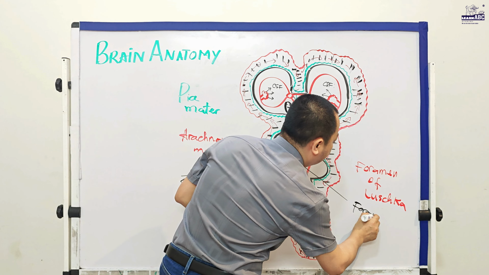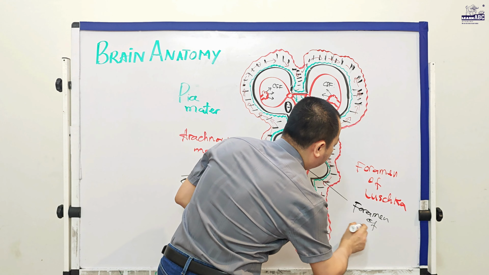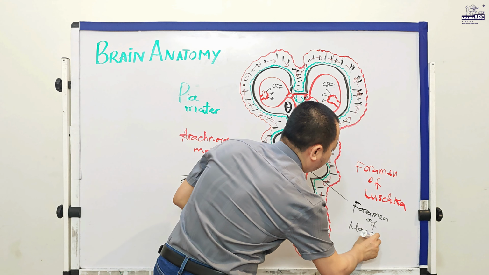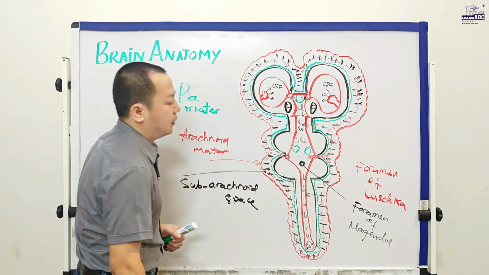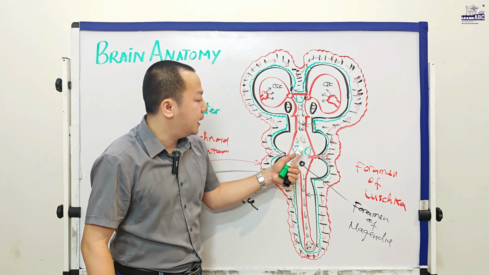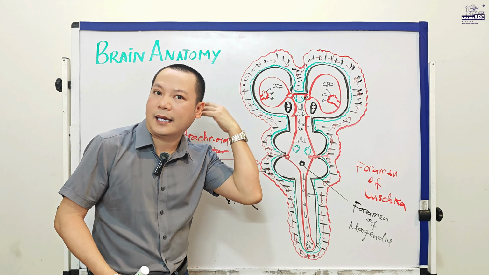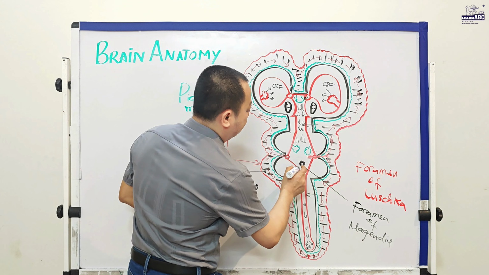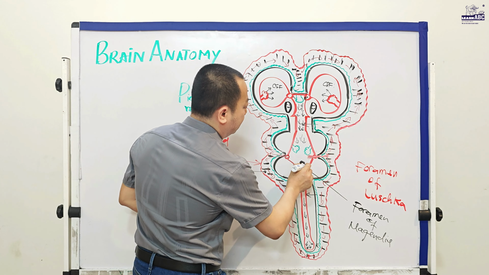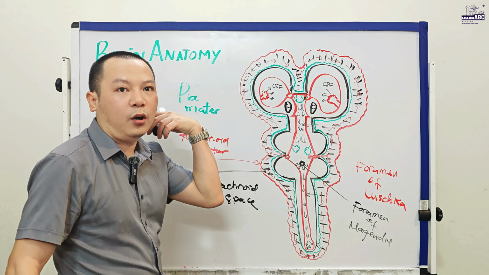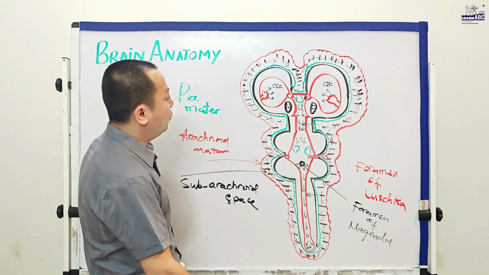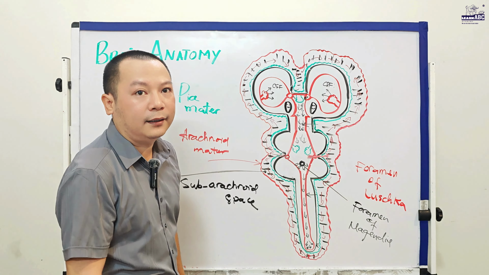So from the foramen of Magendie, the CSF moves posteriorly, outside, to the backside of the brain.